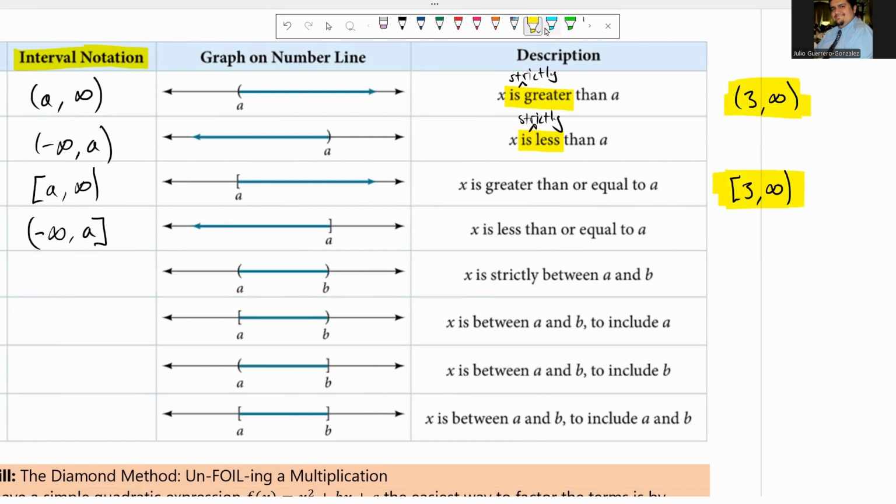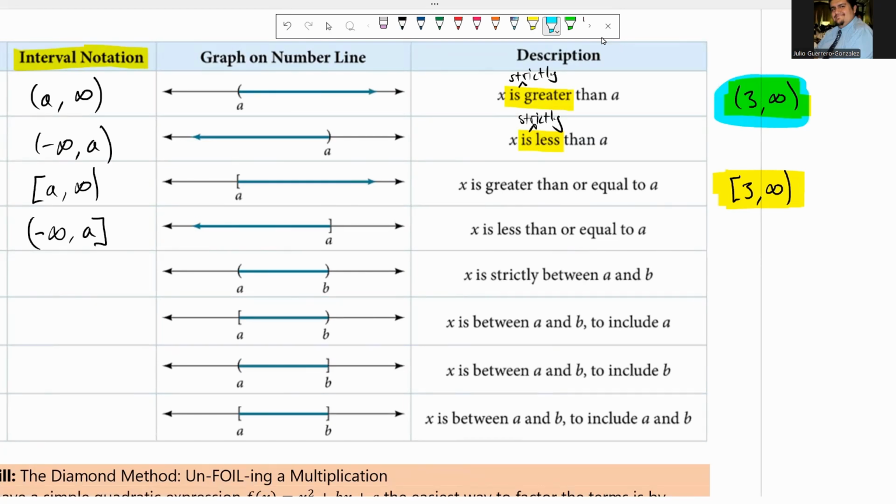In the first one, it is all numbers strictly greater than 3. So for example, 7 is in there, 6 is in there, 5 is in there, 4 is in there, 3.5 is in there, 3.1 is in there, 3.00000001 is in there, right? But the value 3 is not. Got it?